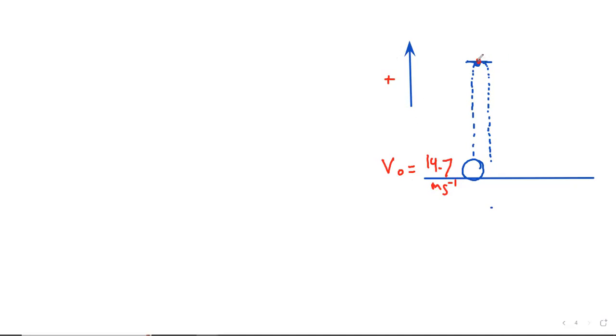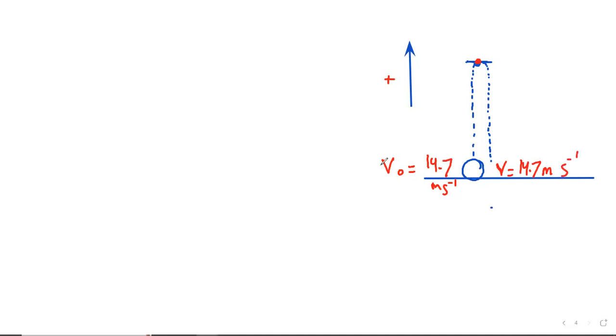And when the body reaches the point here, the V final is going to be 0, then the body is going to fall down to reach the same point. So at the end of the motion, the magnitude of V final will also be 14.7 meter per second.